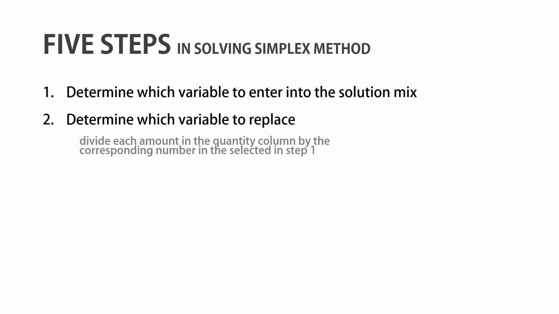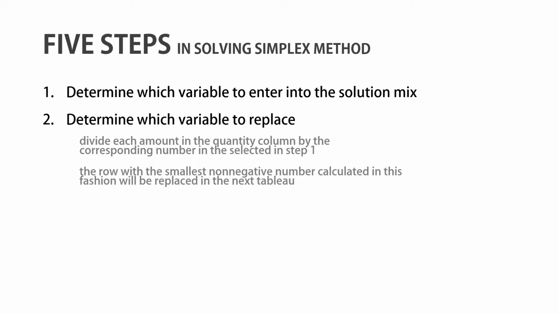The row with the smallest non-negative number calculated in this fashion will be replaced in the next tableau. This smallest number gives the maximum number of units of the variable that may be placed in the solution. This row is often referred to as the pivot row. The number at the intersection of the pivot row and pivot column is referred to as the pivot number.